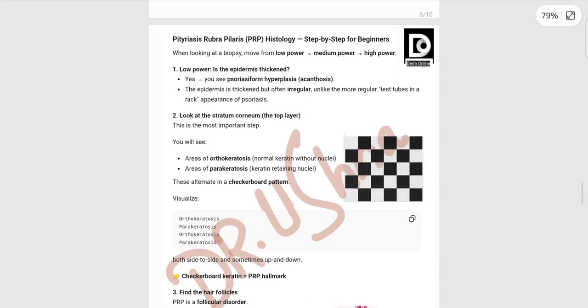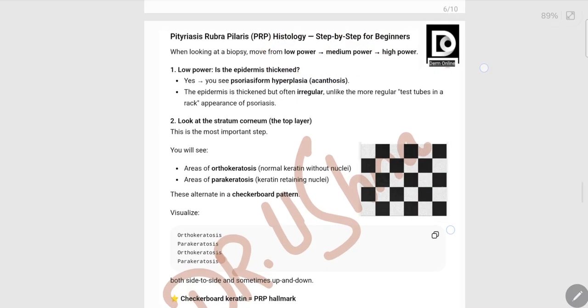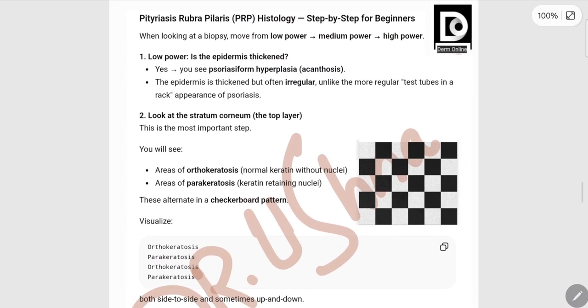So if we go point by point, or a stepwise approach from top to bottom, first of all you have to see from low power, then you have to go to medium power and high power of the microscopic view. Do not jump to the high power view. You will miss a lot of findings in the slide. So first of all, in the low power, you have to see whether the epidermis is thickened or not.